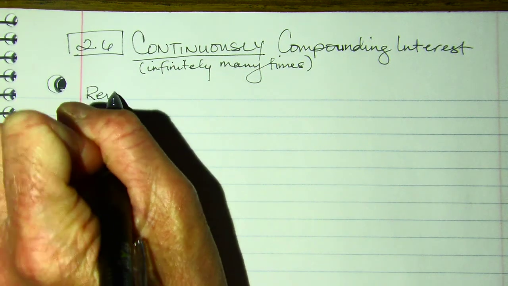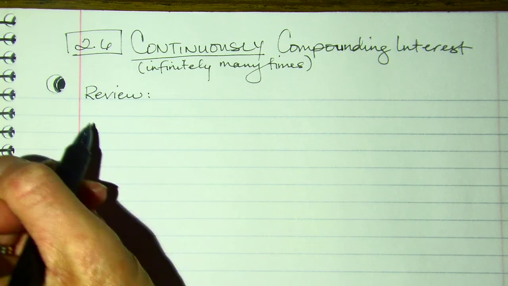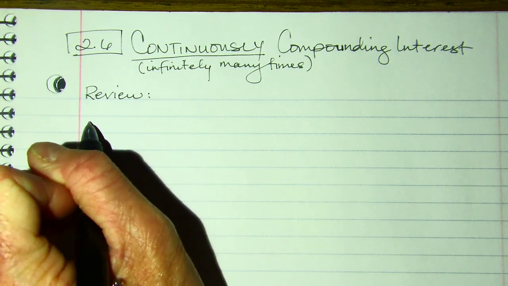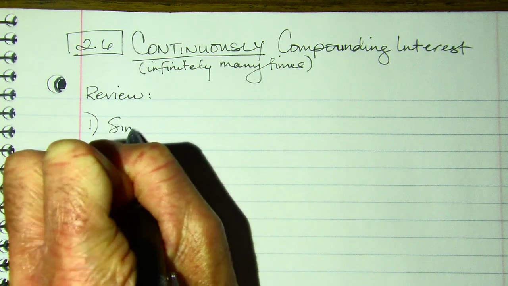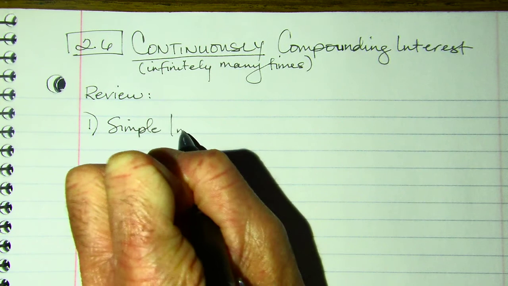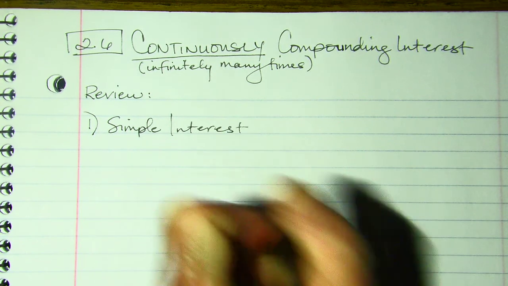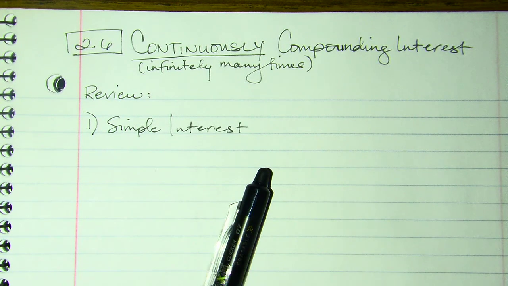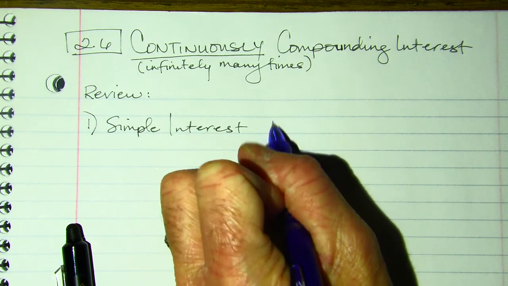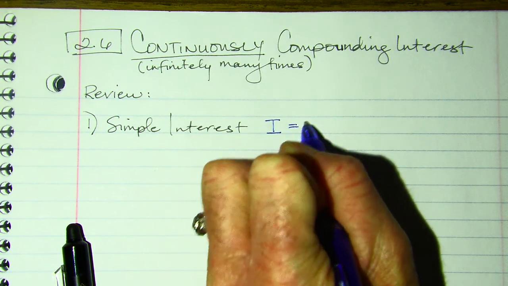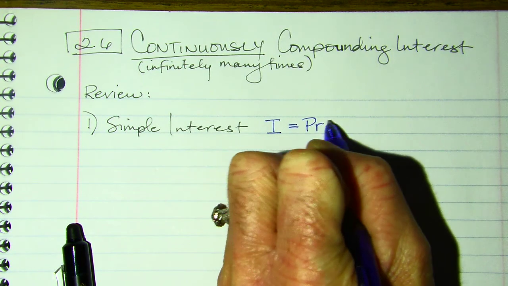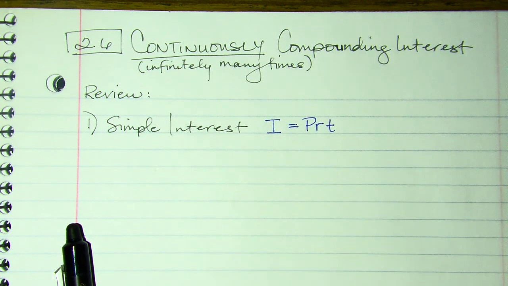There are 3 types of interest formulas you learned. One is simple interest. And simple interest is there is no compounding effect. So interest is simply your principal times your rate times the amount of time.